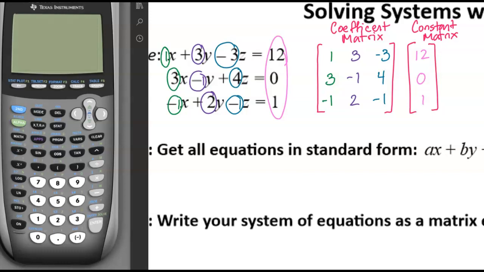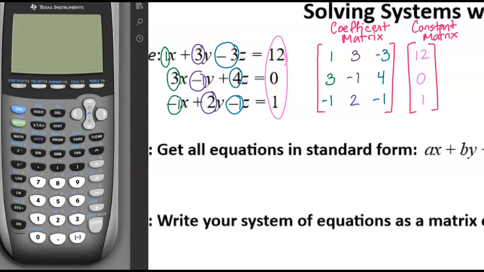Now, technically, these two matrices should be set equal to each other, but that's not how we would put it in the calculator. So what you do instead is you take your first coefficient matrix and you inverse it. Does anyone know how we can inverse something?